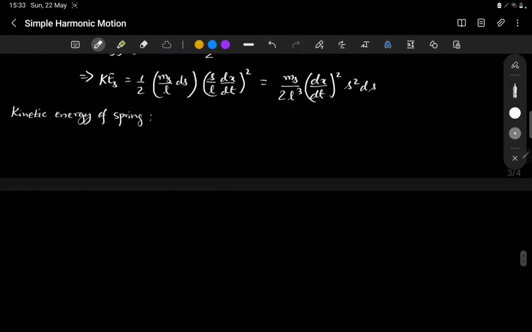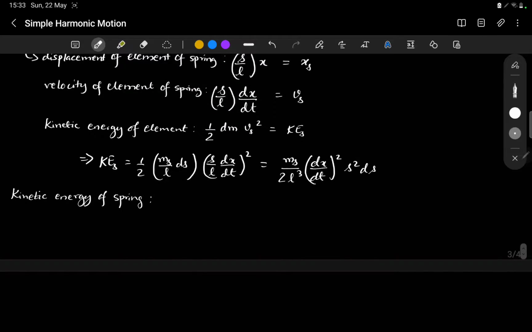So the total kinetic energy KE of the entire spring will be the integral of this kinetic energy of the element from 0 to L, integrating over the length of the spring.